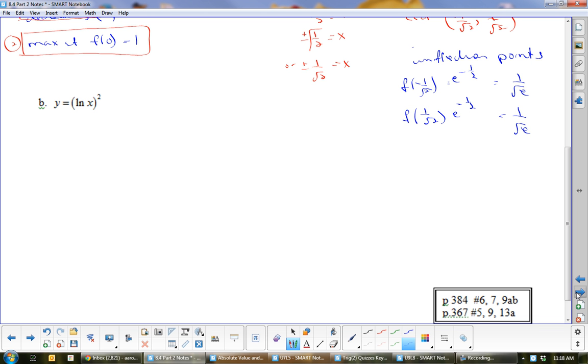Okay, one more. The reason I've got to do b as well is because b has a little bit of a caveat in it. With a, any x could work, but with b, what do we know about that x? The x has to be greater than 0.